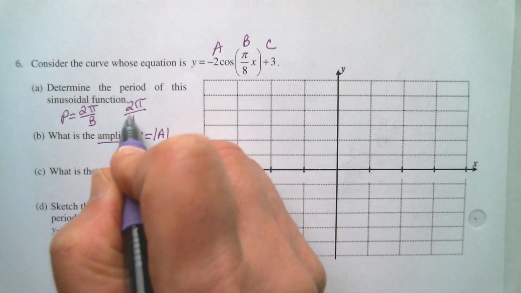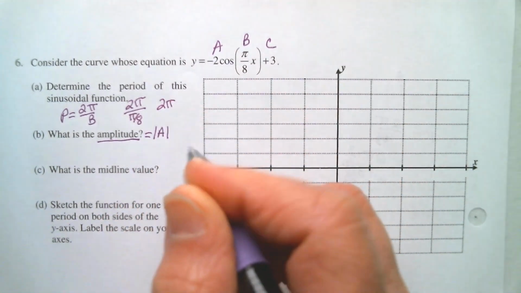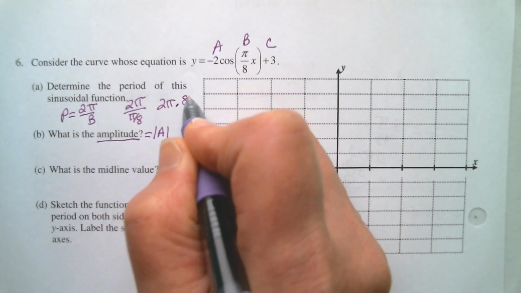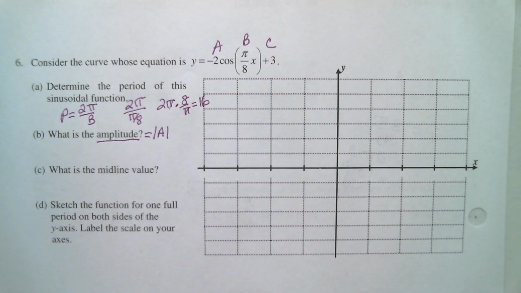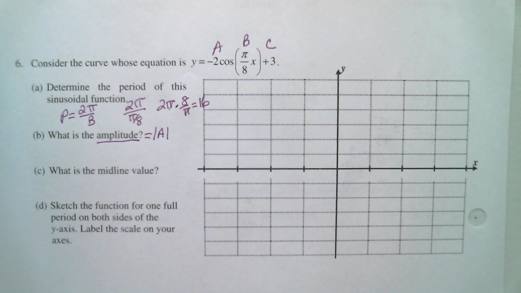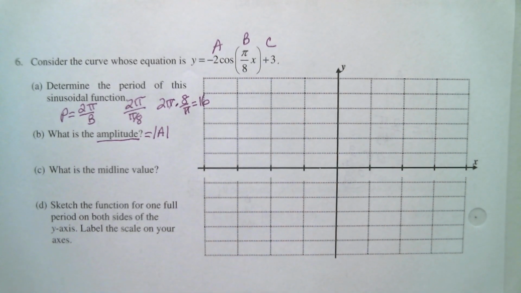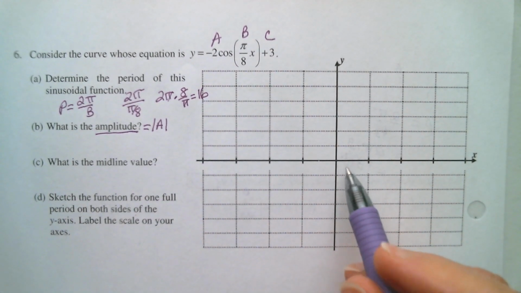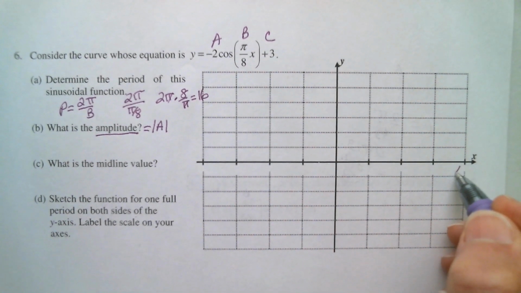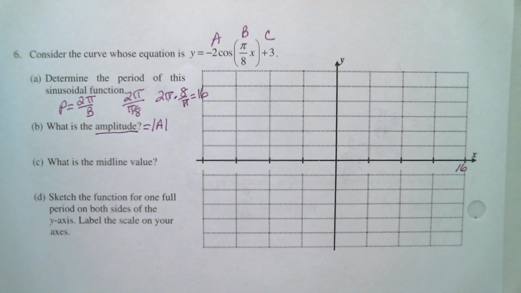Two pi divided by pi over 8. Dividing by pi over 8 is the same as multiplying by the reciprocal. So 16. We want a full period on both sides of the y-axis. So that means since the period's 16, it's going to need a length of 16 to get one complete cosine cycle.